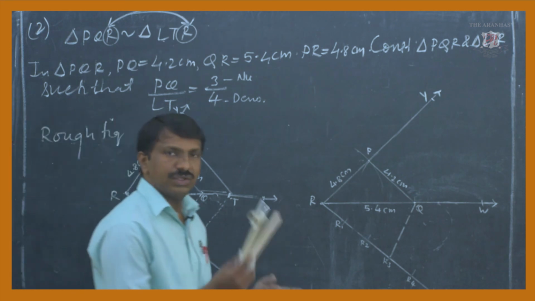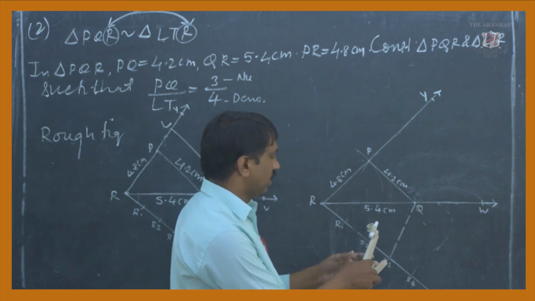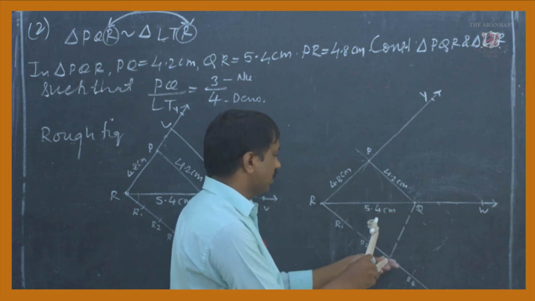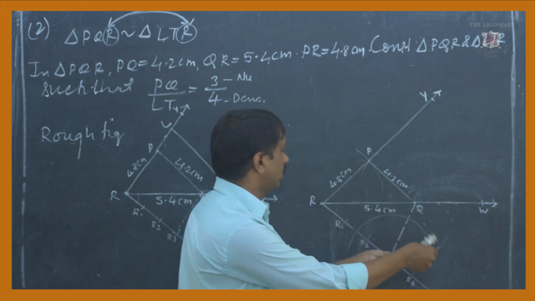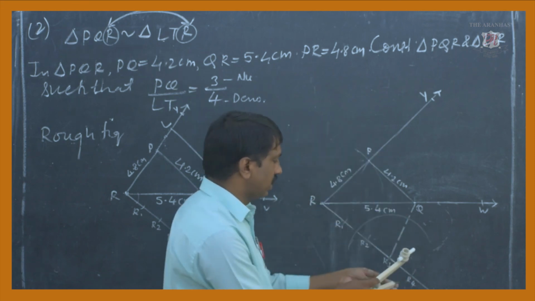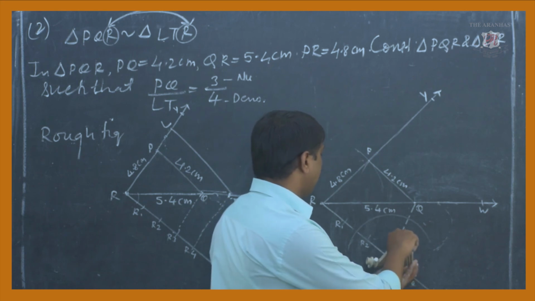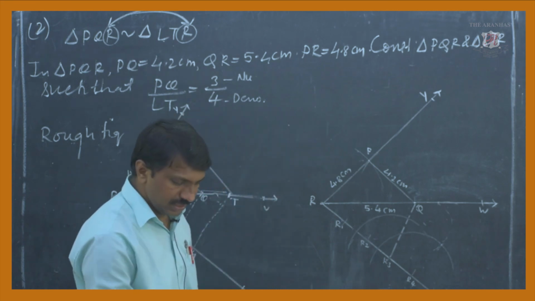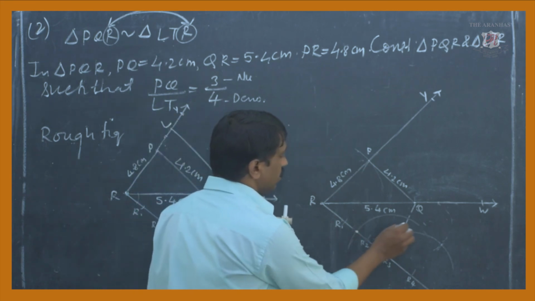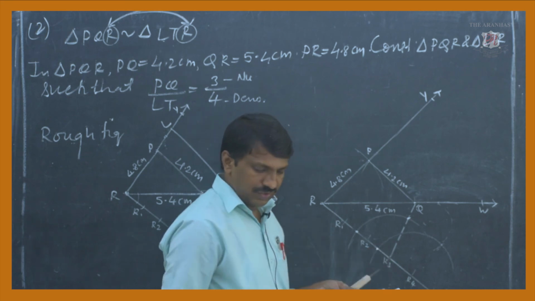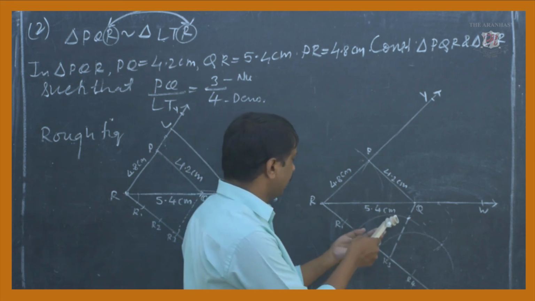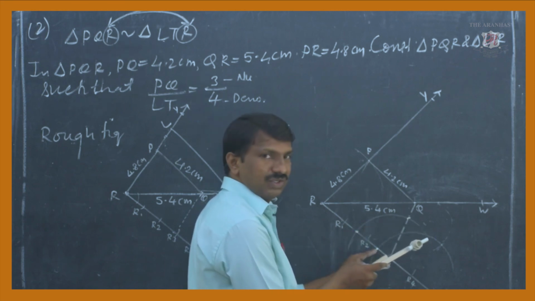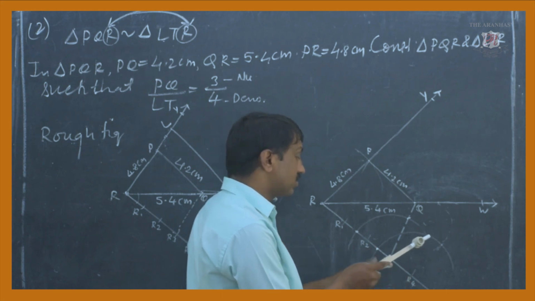What is the procedure? Take a compass, keep it on the R3 point, take any sufficient distance. With it you can construct one arc from the vertex R3. Don't move the distance, come to the R4 point and construct one more arc. Then take the distance between, which is drawn from R3, and keep it on the point which intersects the arc constructed from R4.